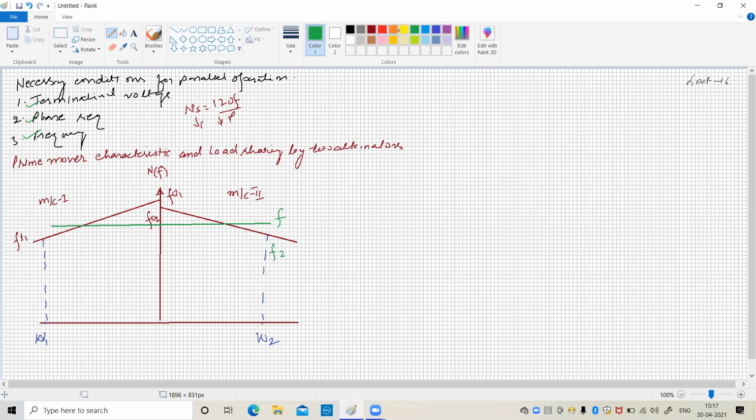So now the load shared by alternator 1 is, say, P1, and the load shared by alternator 2 is, say, P2. It may be in megawatt or kilowatt.